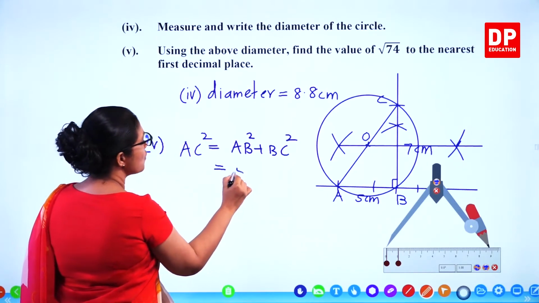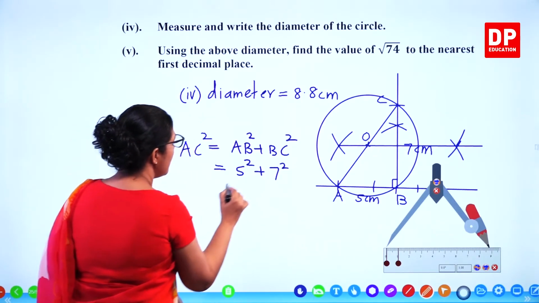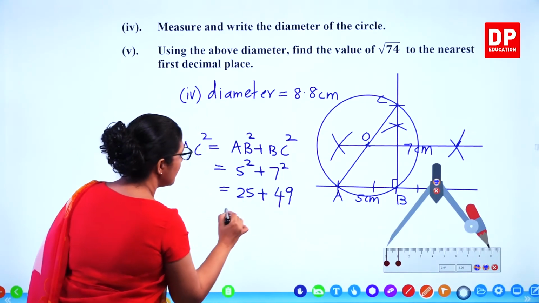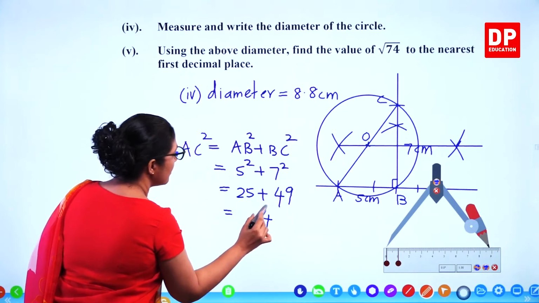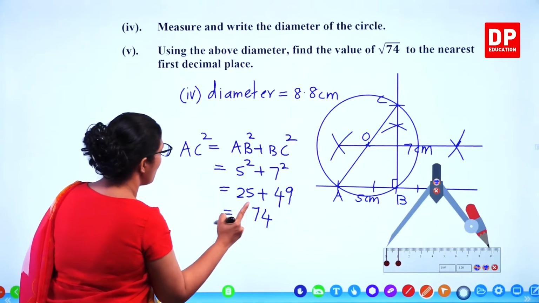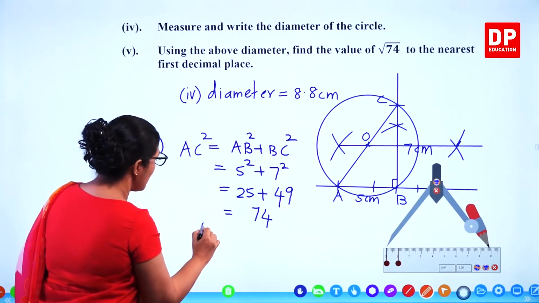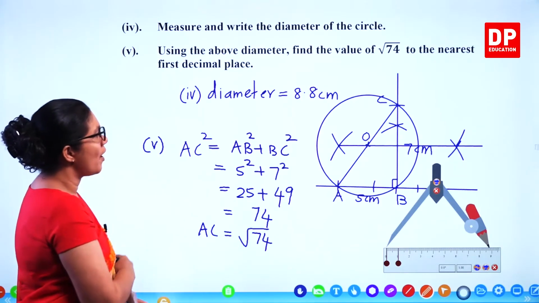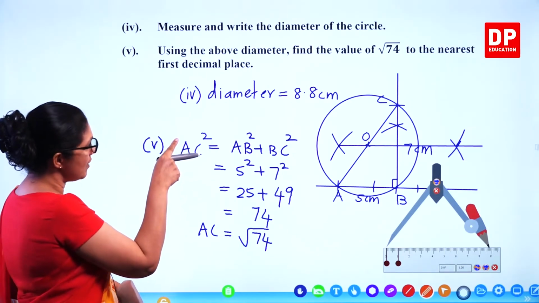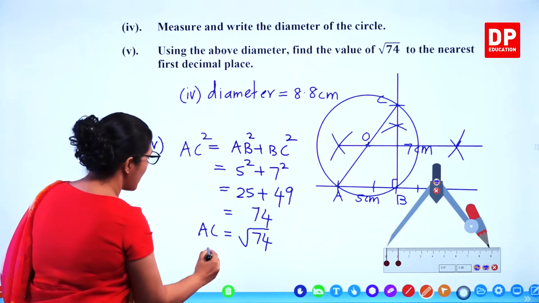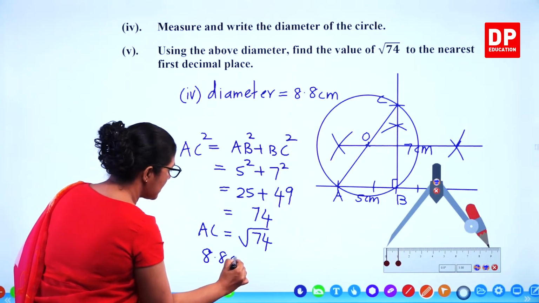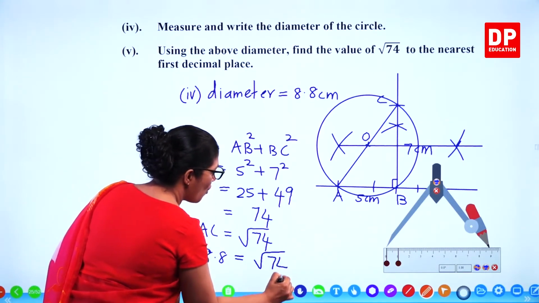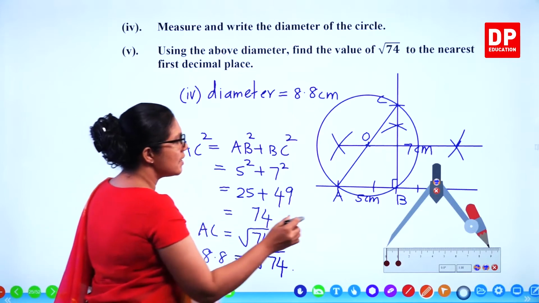That's 5 squared plus 7 squared, that's 25 and 49. 74. So AC is equal to square root of 74. So what is square root 74 value? That's the value you got for diameter. So 8.8 is same as root 74 value according to our diagram.